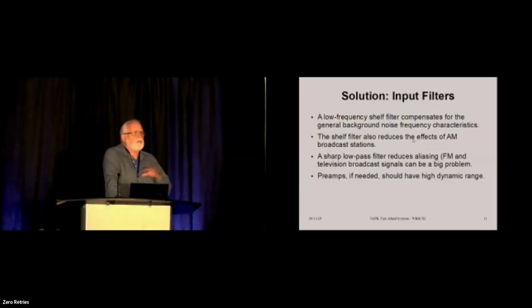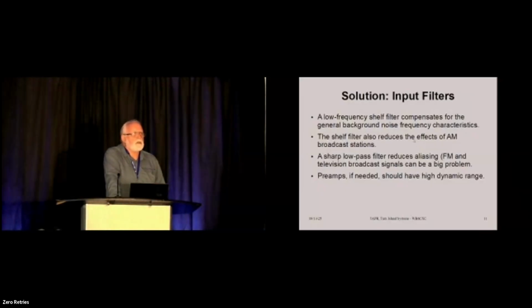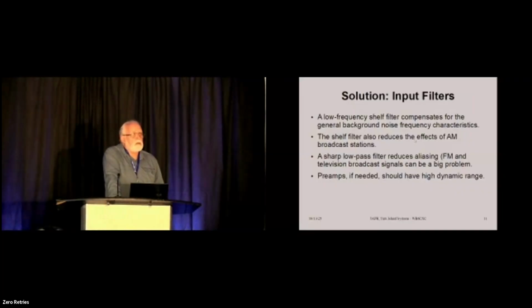The intent is to equalize signals across the entire 60 megahertz range. And it also knocks down the AM broadcast band stations pretty well. Also, I have an excellent, if I say so myself, anti-alias filter that kills the FM and television broadcast bands, or even the 30 megahertz that kills police radio and stuff like that, which can really interfere.